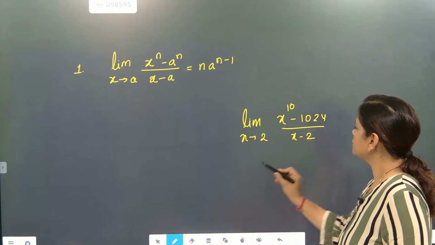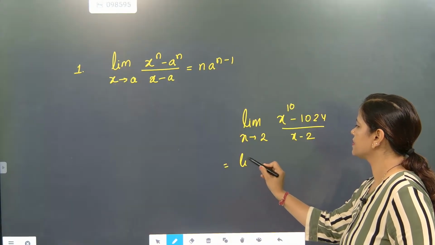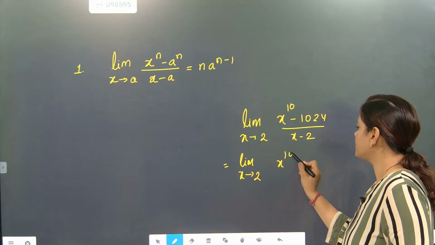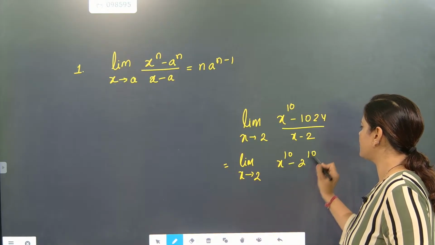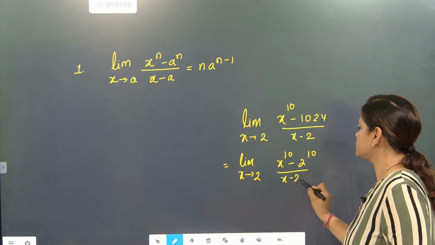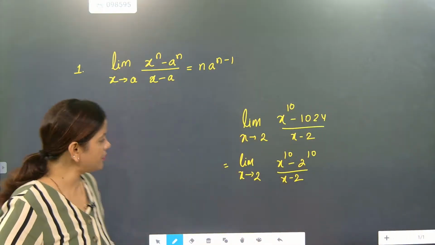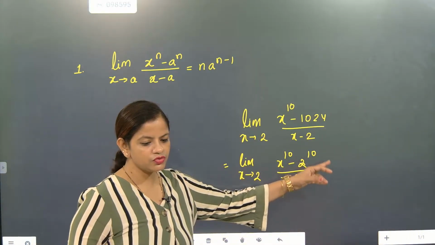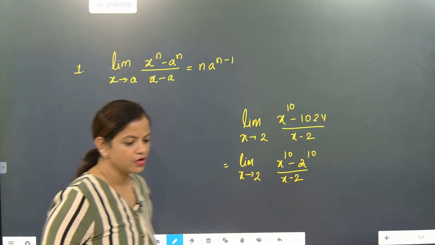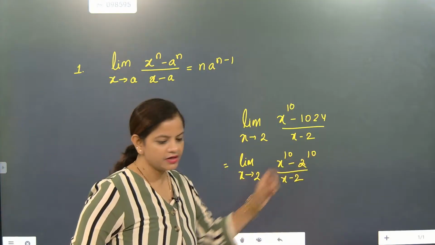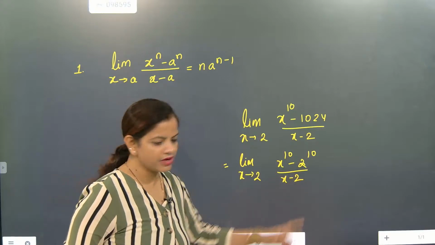Now look here, so this will become limit x tends to 2, x to the power 10 minus 2 to the power 10 by x minus 2. So the same format is coming, x to the power 10 minus 2 to the power 10 by x minus 2. You see n is the same, here 10 and 10 are the same, with x minus 2 in the denominator.